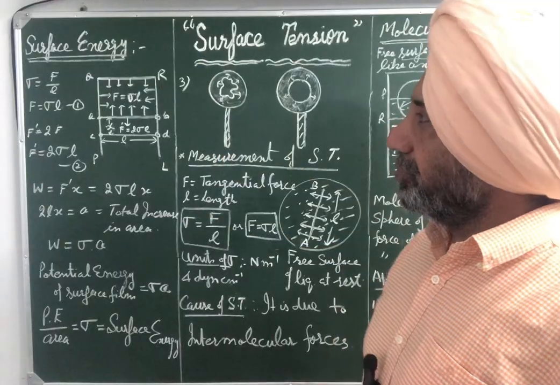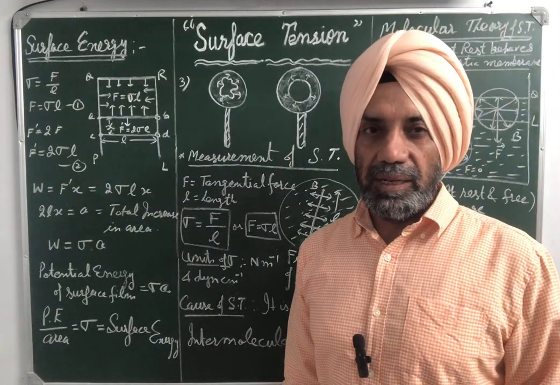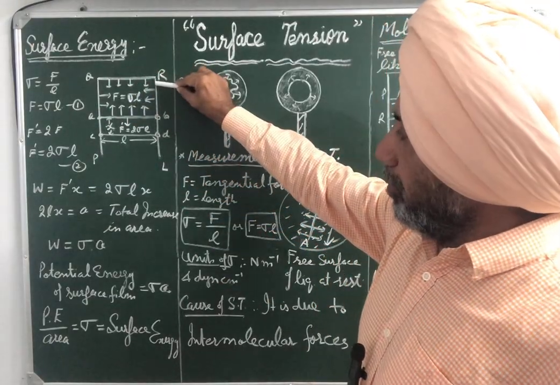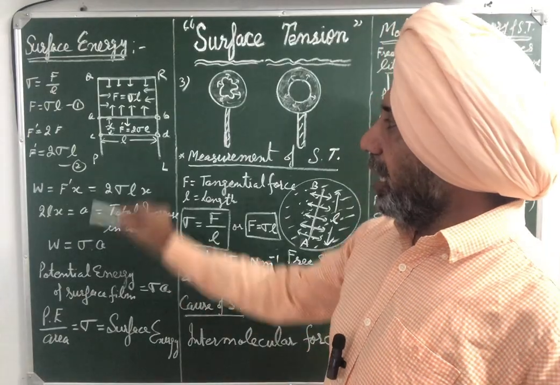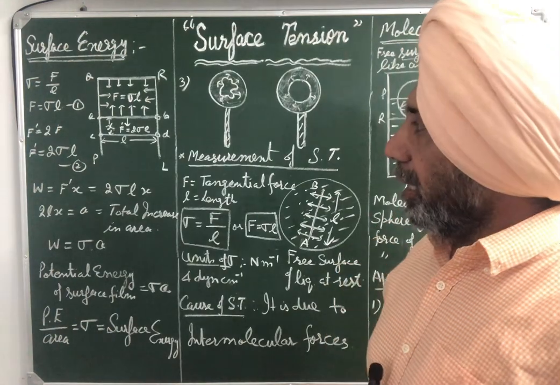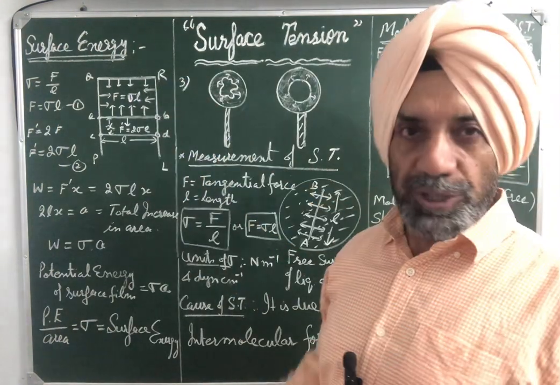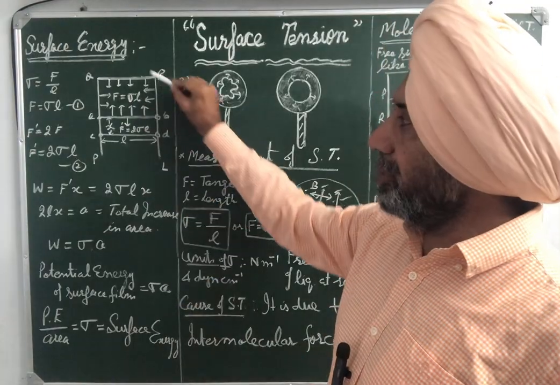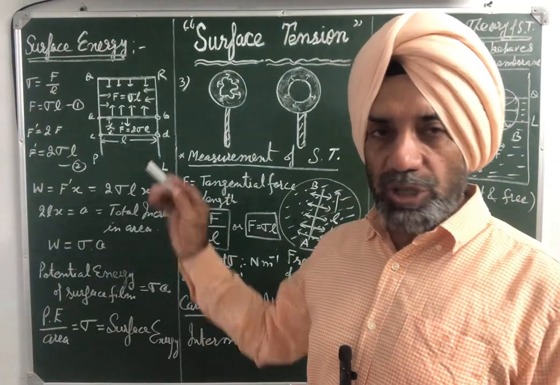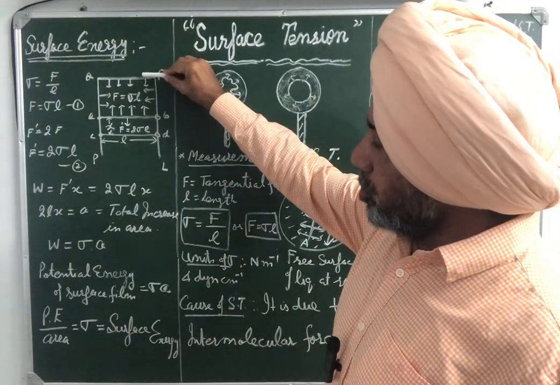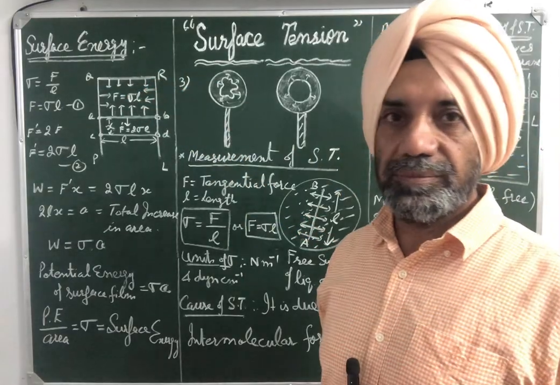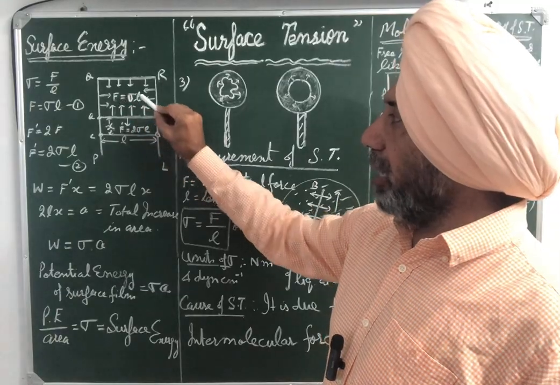Then we define surface energy, another formula for surface tension. Now, suppose a rectangular wire frame PQRL having a movable arm AB which can be moved. Dip this frame into soap solution so that a soap film is formed. Now, this soap film has two free surfaces on both sides. Force due to surface tension acts inwards on every side, that is F is equal to sigma into L by definition.